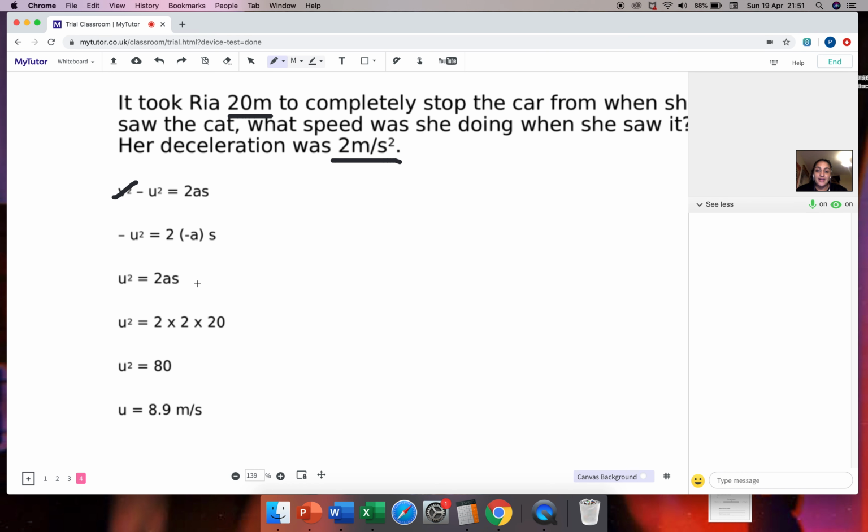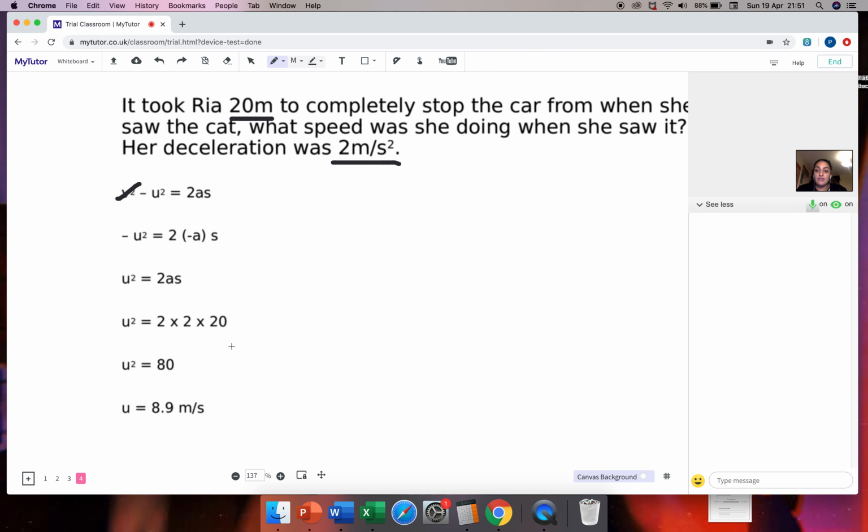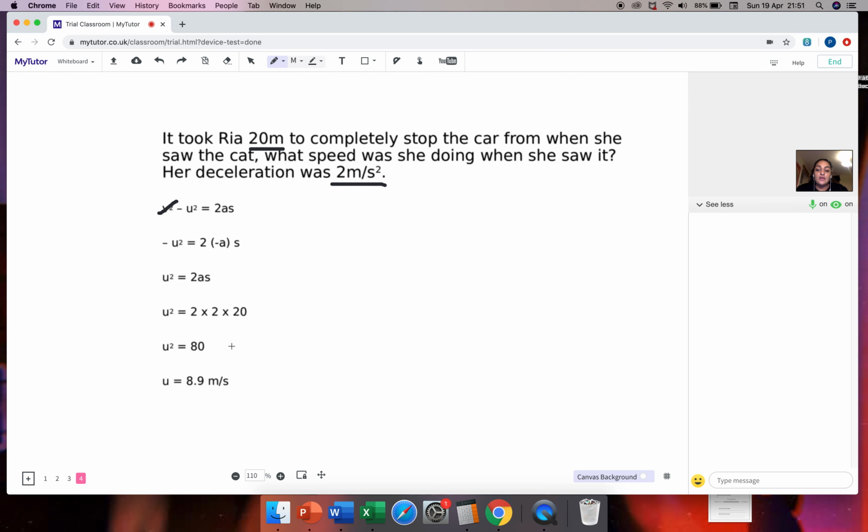So a is 2 and s is 20. So when we times them all together, we get 80 equals u squared. If we square root both sides of the equation, we get u equals 8.9 metres per second. So Ria, when she saw the cat, was doing 8.9 metres per second.